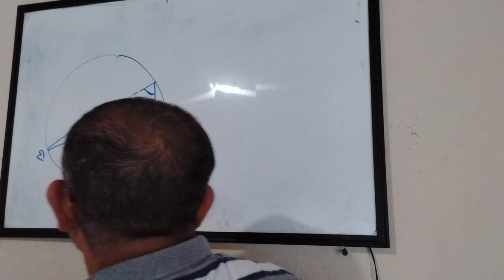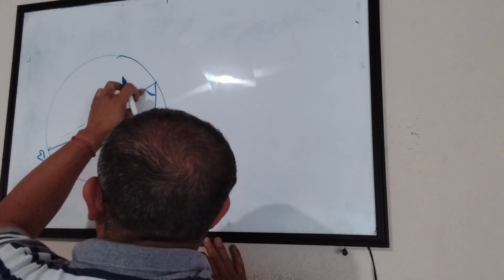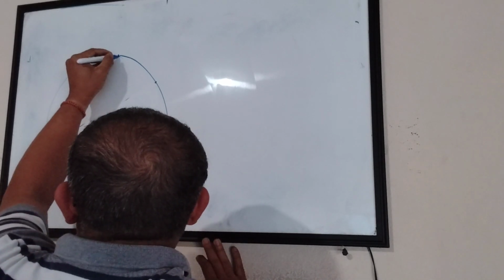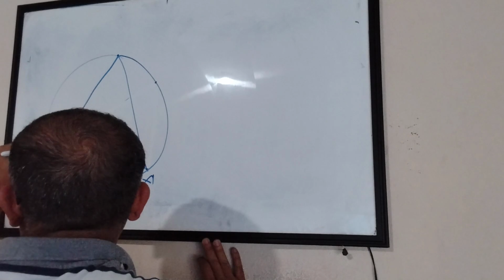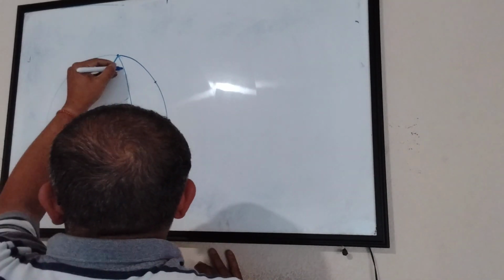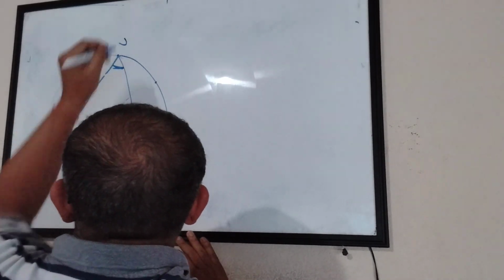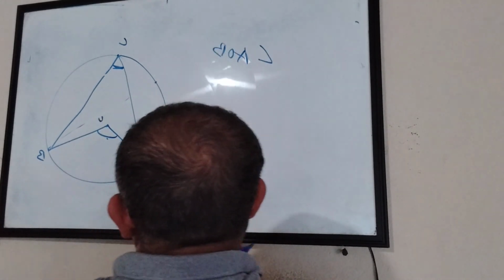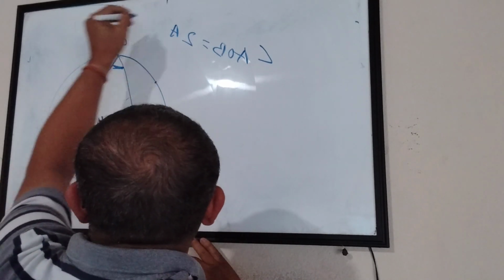Let me draw a better picture because this will challenge my drawing skills and it will be difficult to visualize. Let's pick any point here, okay? Join this. Now I'm saying this angle is half of this angle. Let's say this is C. So what I'm saying is angle AOB is 2 times this angle ACB.